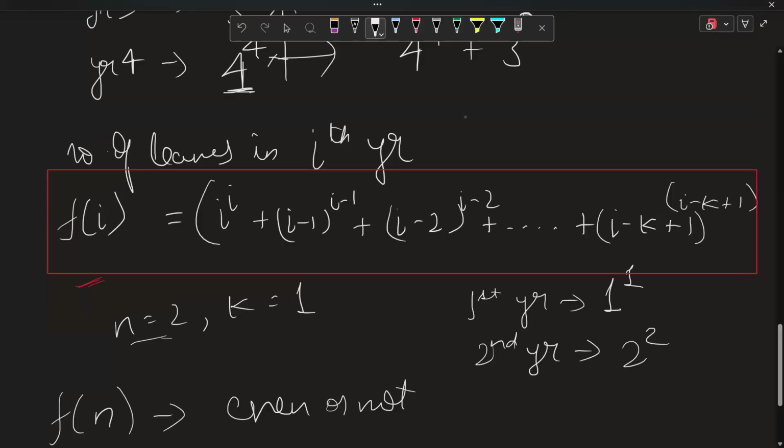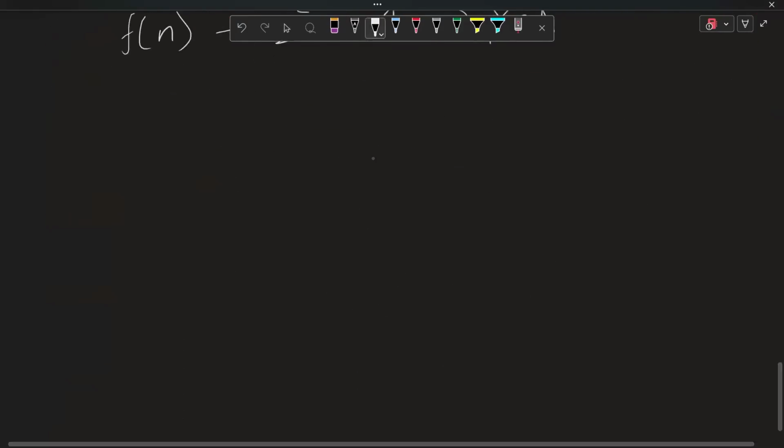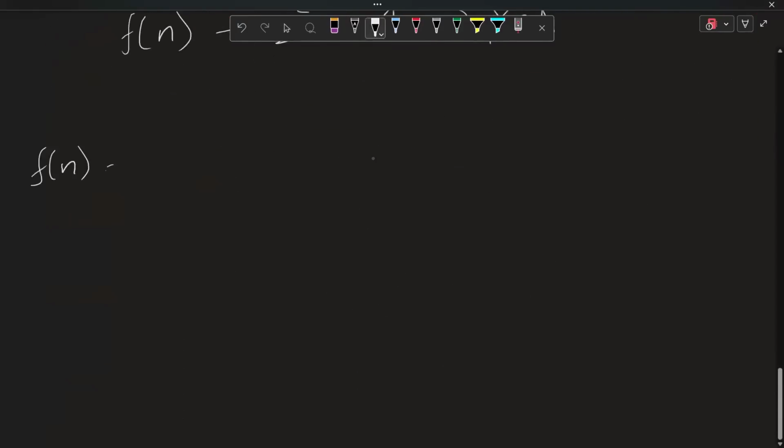Even means this modulo 2 should be 0. So we'll write that f(n) is n to the power n plus n minus 1 to the power n minus 1 plus up to n minus k plus 1 to the power n minus k plus 1.